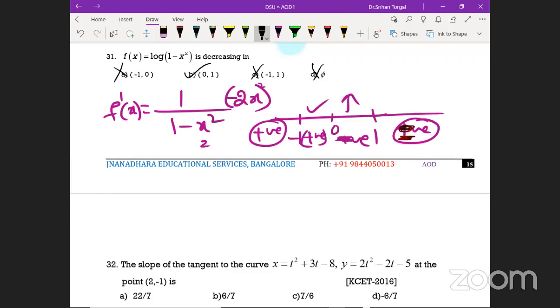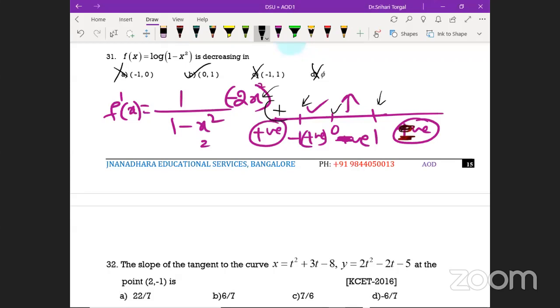Differentiate this. Log of 1 minus x square differentiation is 1 by 1 minus x square, and differentiation of this is minus 2x. Now you take the critical points, that is, if you put x equal to 0, you will get 0, and 1 and minus 1 are the two roots of the denominator, and then you apply any one value in between that.